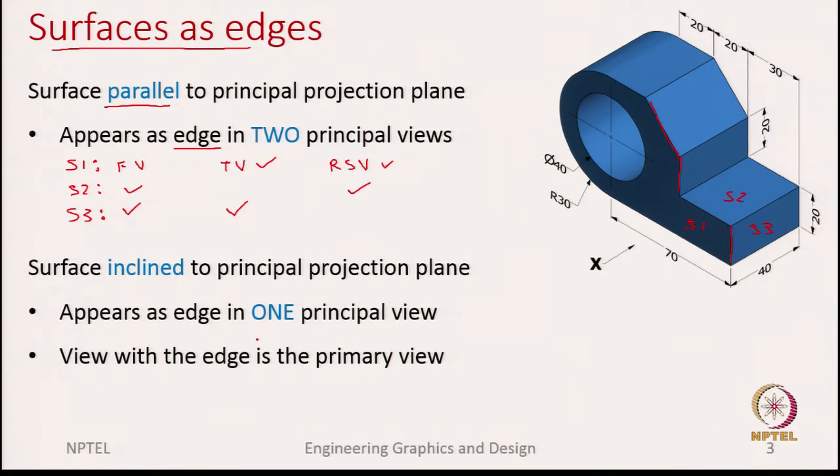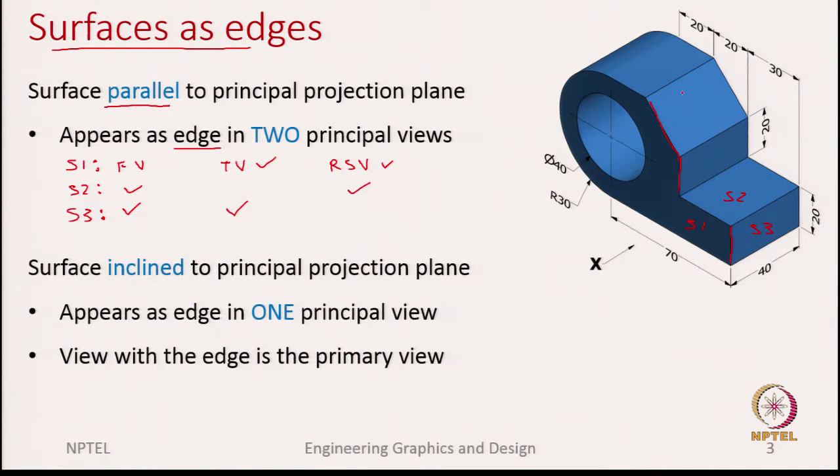But now let us look about the surfaces which are inclined to the principal projection plane. Here I need to specify what I meant by inclined. Here when I say inclined, I mean that it is perpendicular to one of the projection planes.